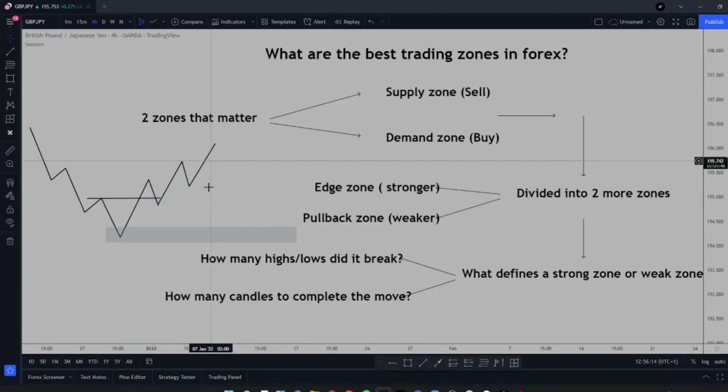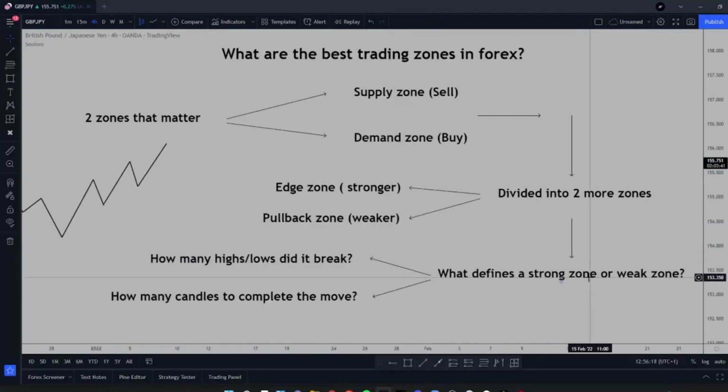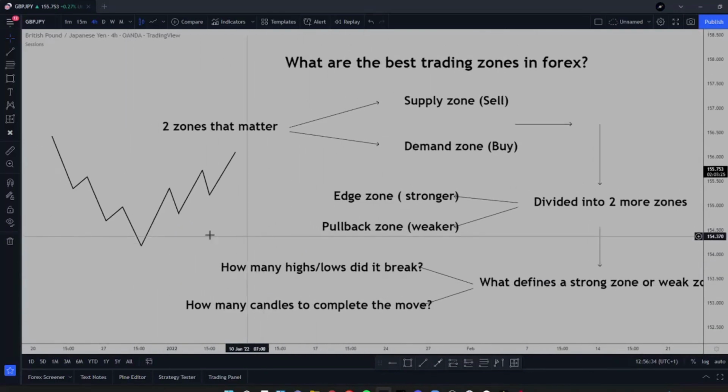Now let's go to the next topic, which is what defines a strong zone or a weak zone. We actually have a whole video about how to find the strongest supply and demand zone, and you can definitely check that out. The first question would be, how many highs or lows did it break? In this case, for this zone right here at the bottom, how many highs did it break?